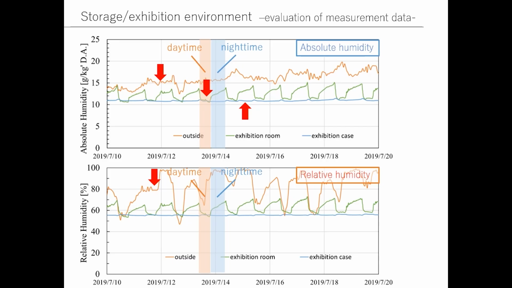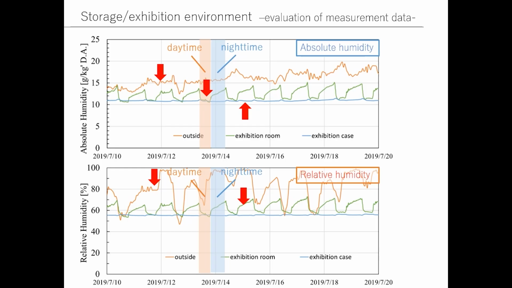Looking at the relative humidity of the exhibition room, it shows fluctuations on a daily cycle in the same manner as the absolute humidity. In contrast to the outside air, the temperature here is almost constant, so the relative humidity changes due to changes in absolute humidity. Therefore, the changes in absolute and relative humidity are similar.